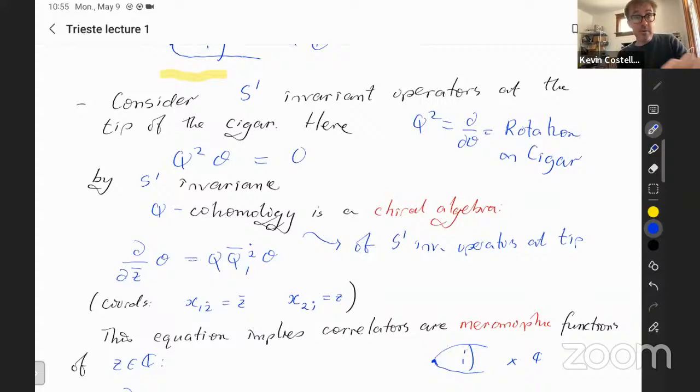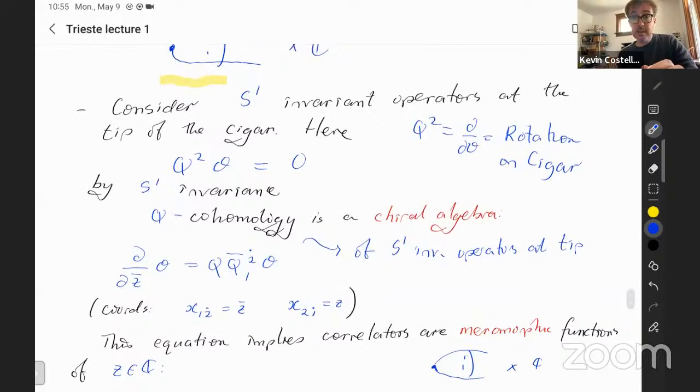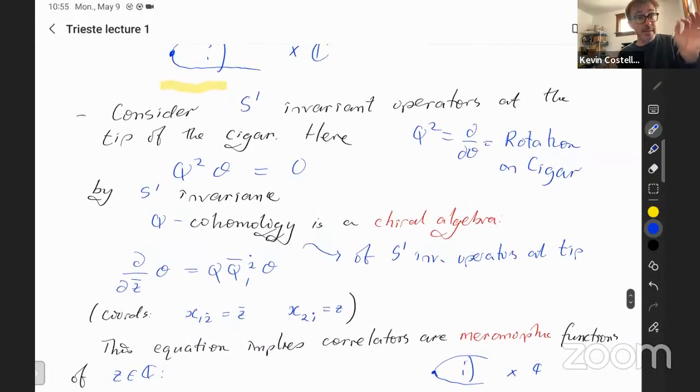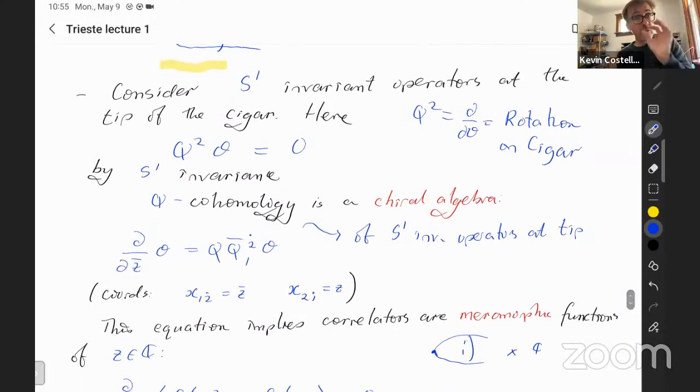So what's important for this construction is that it doesn't make sense to move my operators away from the tip of the cigar. Because away from the tip of the cigar, Q squared is rotation, and there are no rotation invariant operators.